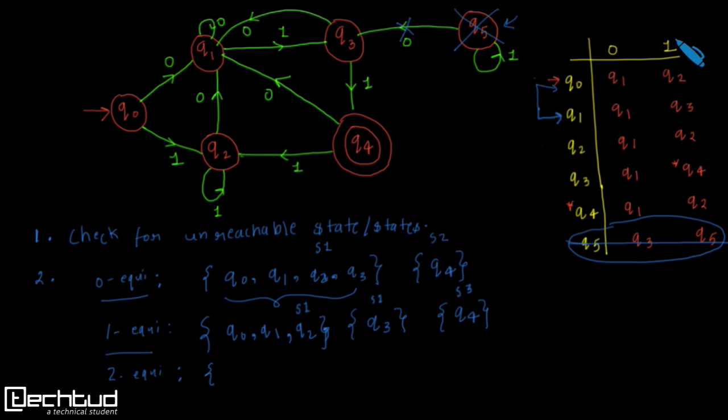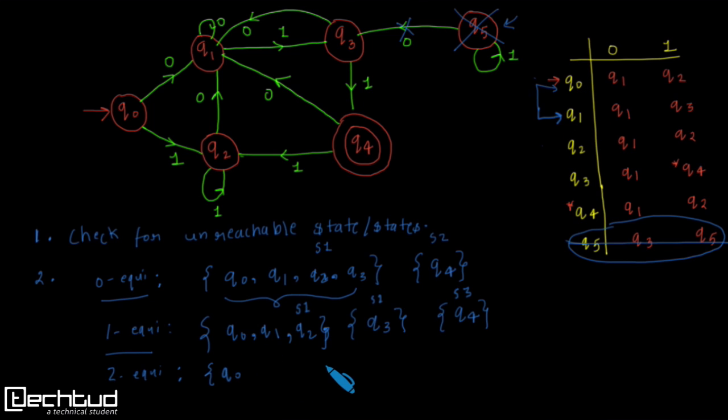Q0 on input symbol 1 is going to Q2, which is in set 1, fine. Q1 on input symbol 1 is going to Q3, which is in set 2. So here again Q0 and Q1 are not going into the same set on input symbol 1. So Q0 and Q1 are not two equivalent to each other. So we will write Q0 and Q1 in different groups.